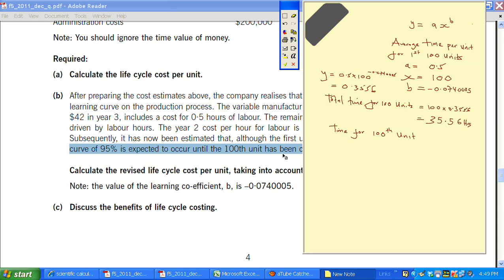The time for the 100th unit will be equal to total time for 100 units minus total time for 99 units.